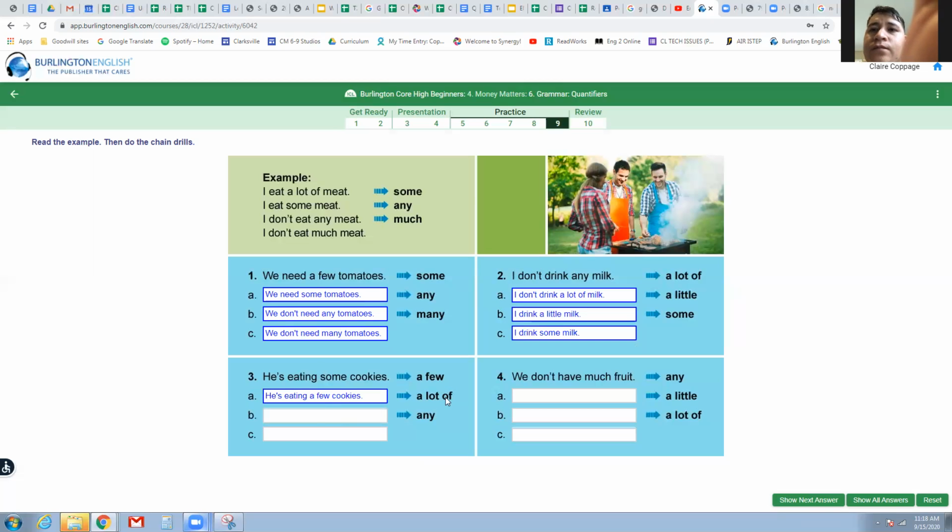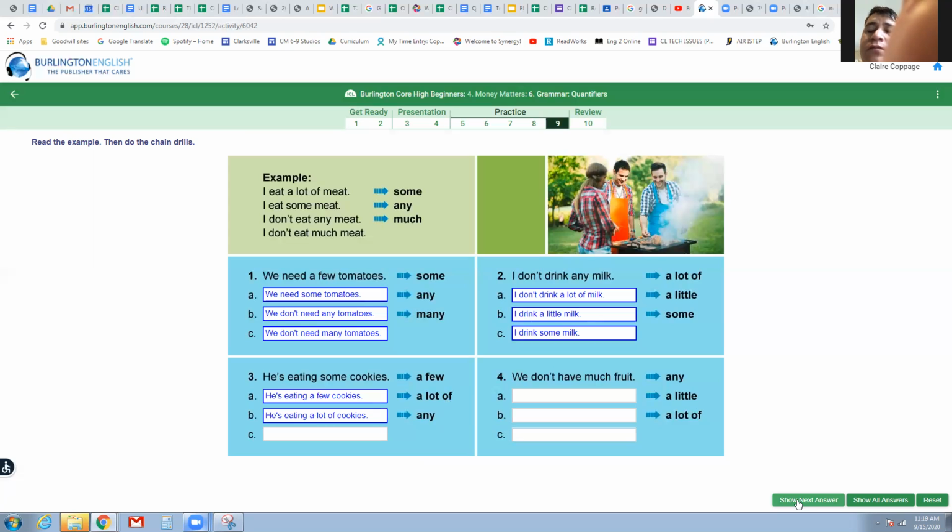So now change it to a lot of. He's eating a lot of cookies. Good, a lot of cookies.